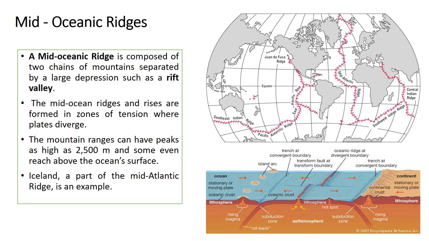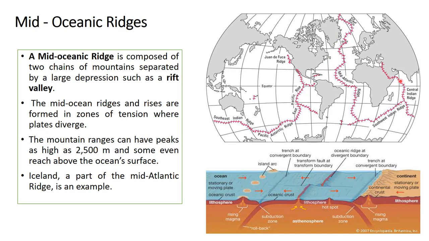So these are known as mid-oceanic ridges, and they are present all over the world. The longest or the most important mid-oceanic ridge in the world is the Mid-Atlantic Ridge. It is the longest. And then we have different other important ridges.